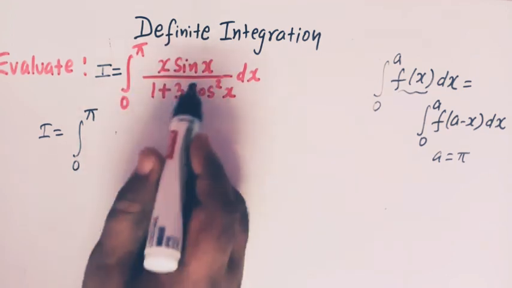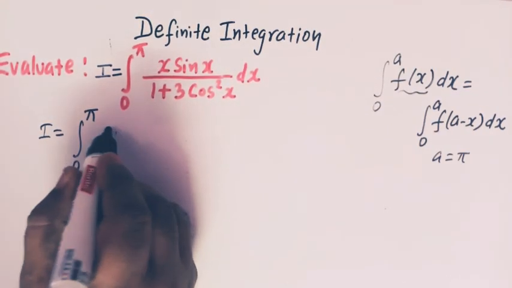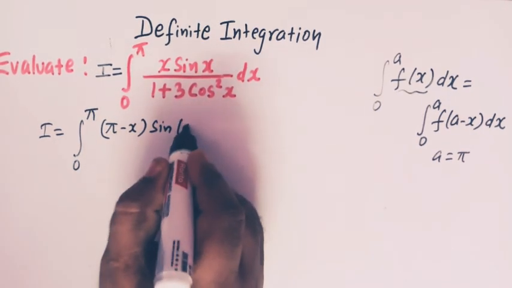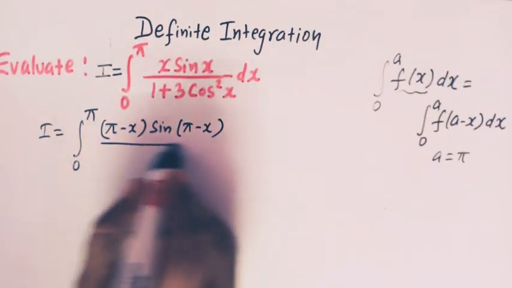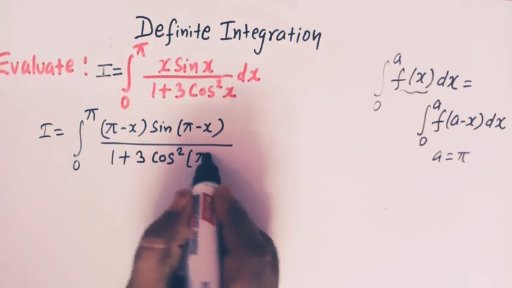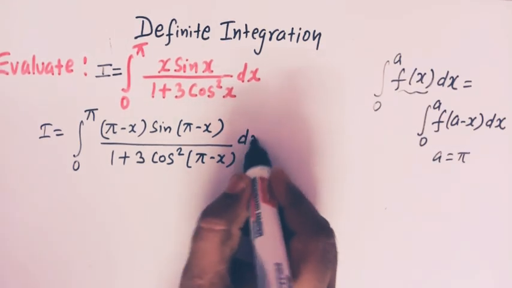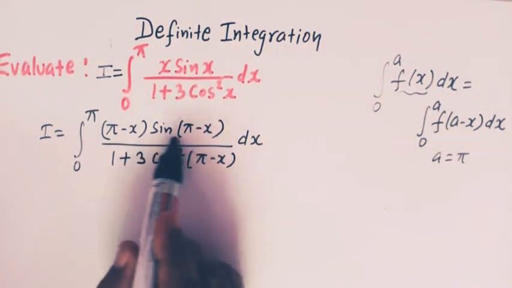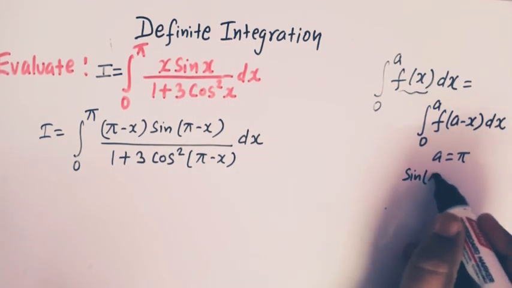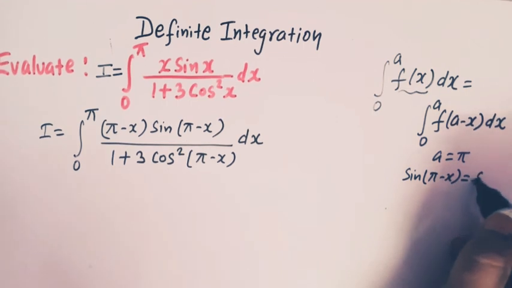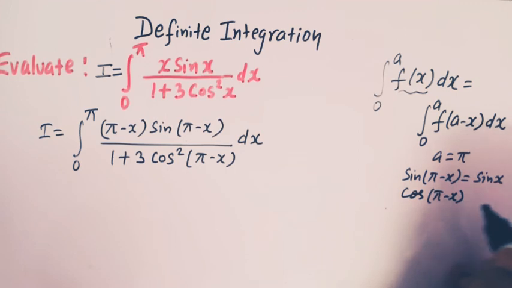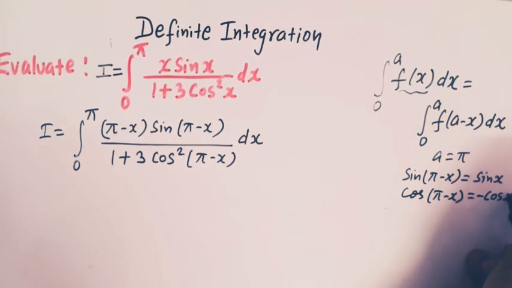So now this integral becomes pi minus x sine pi minus x divided by 1 plus 3 cos square pi minus x, right? Okay, now from trigonometry we know that the value of sine pi minus x is sine x, and the value of cos pi minus x is minus cos x, right?